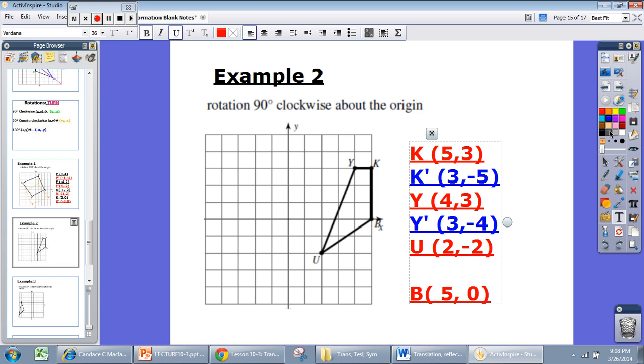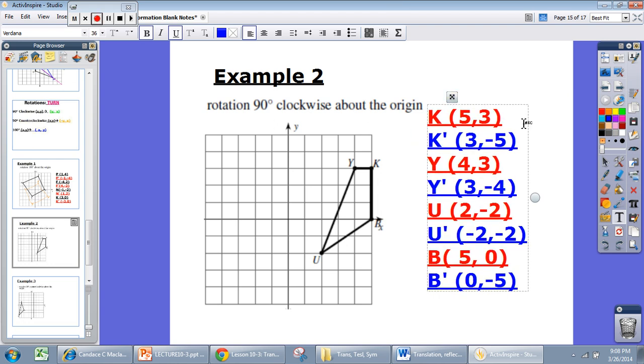U is negative 2, negative 2. So notice on that one, y was already negative 2, so that's totally fine. And then B prime, 0, negative 5.